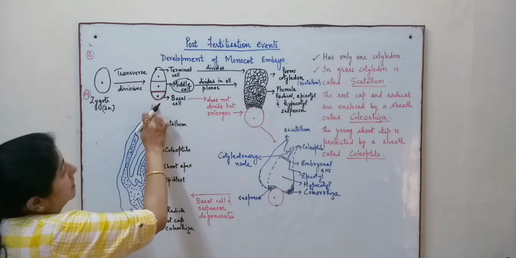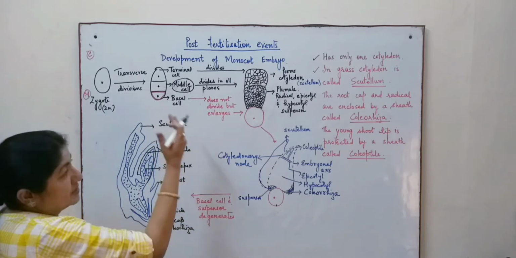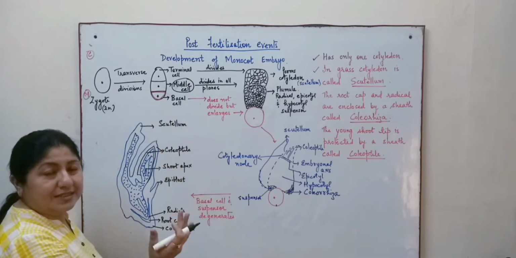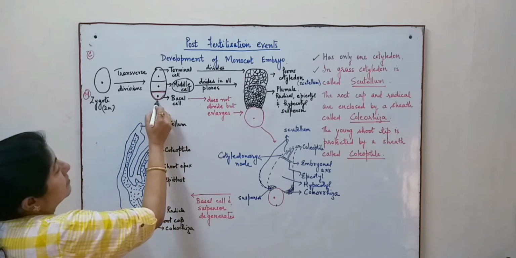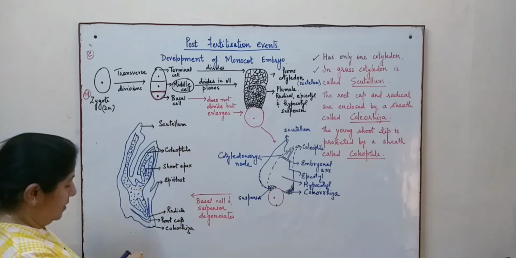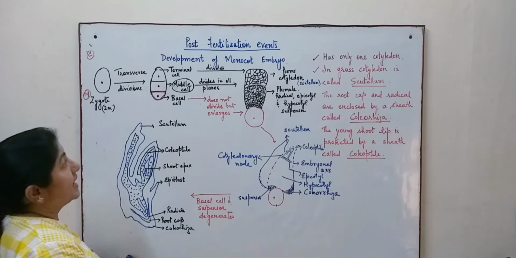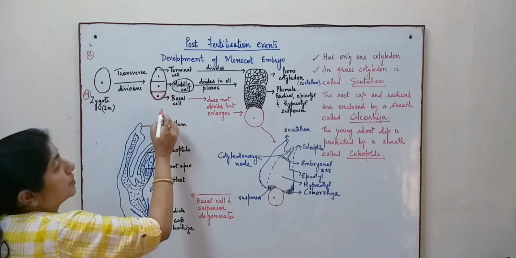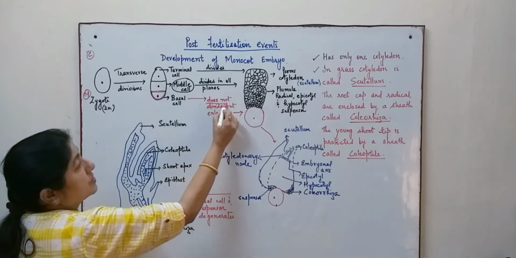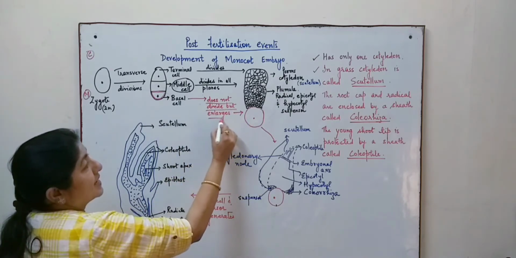Now we will study one by one how the cells develop different parts of the embryo. The basal cell, which is marked red over here, in the development of the monocot embryo does not divide, but it enlarges.